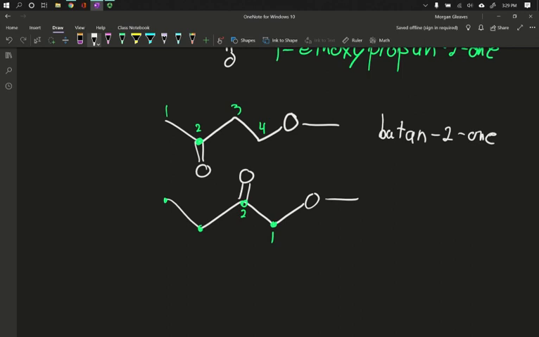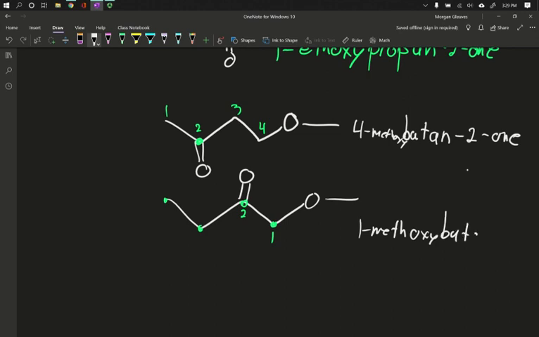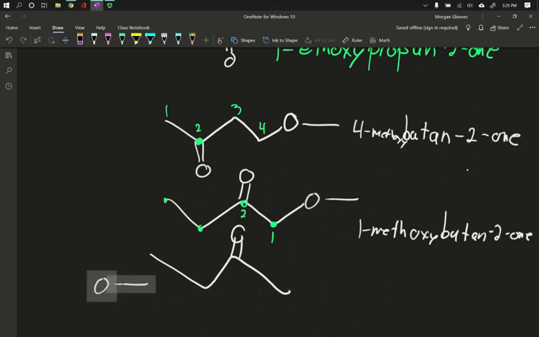But effectively, we just swapped which side our methoxy was on. And so up here, this is a 4-methoxy, and down below, it's a 1-methoxy butan-2-one. Really, you can imagine that we just have this same shape, and we took the methoxy that was over here, and we said, hey, I'm going to go and put you over here.